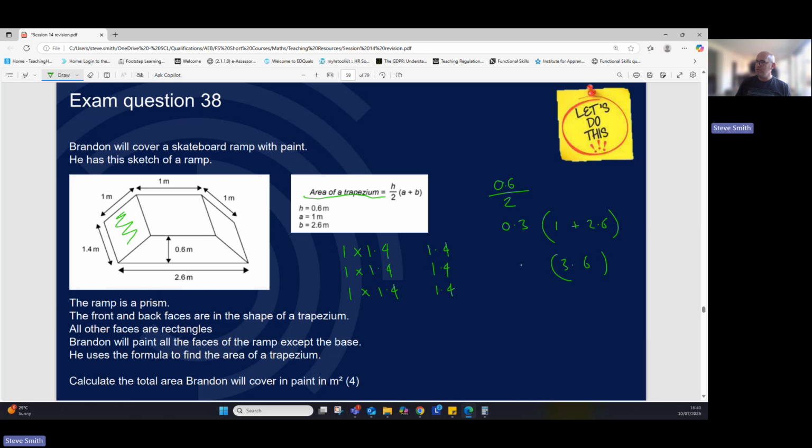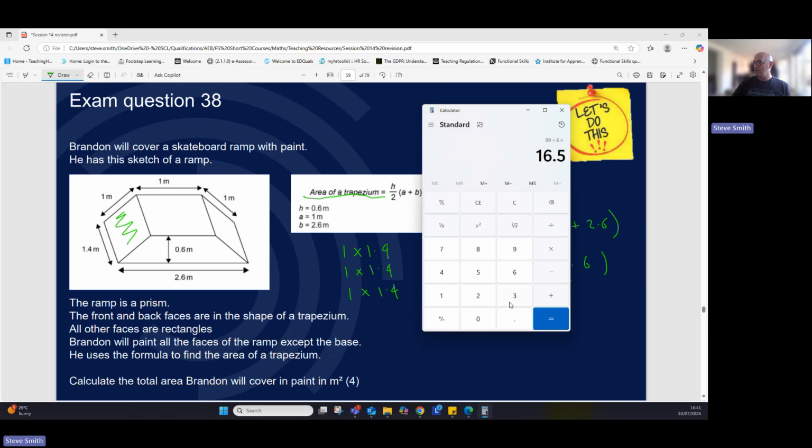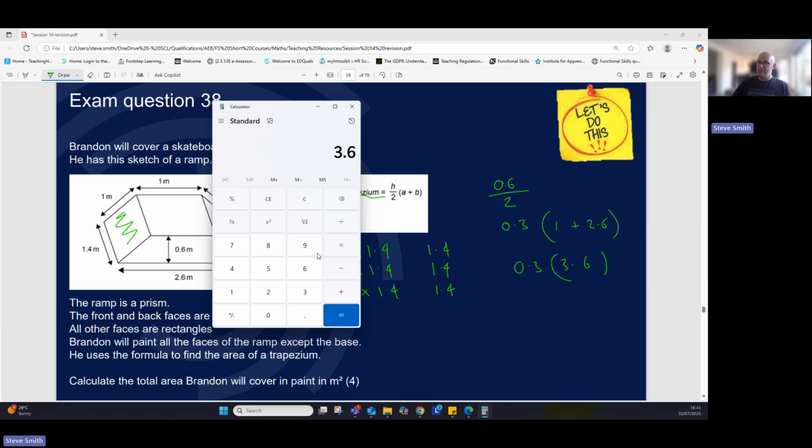And then we're timesing it by 0.3. Let's go 3.6 times by 0.3. We've now got 1.08.